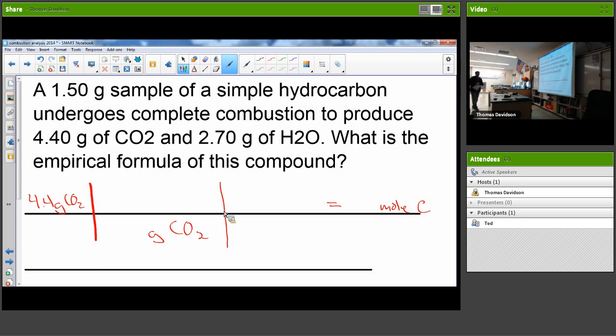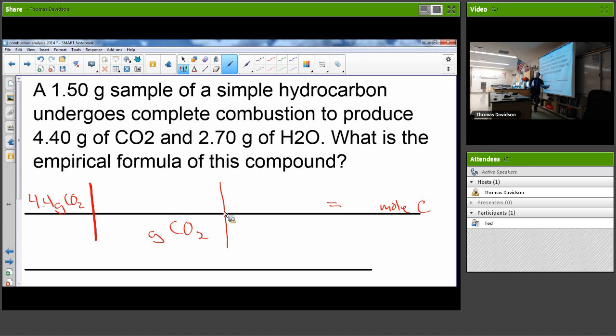Right, now, as far as grams of CO2, I need to know what grams of CO2. So this step here, this is where you add the parts from the periodic table. We practiced that Friday. So this is 12 from the periodic table. This is 16.